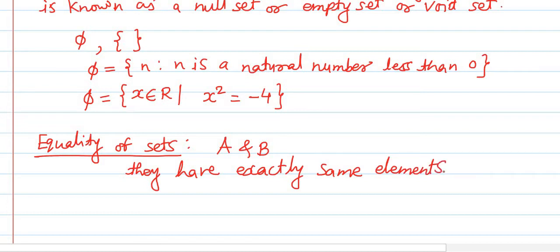If two sets A and B have exactly the same elements, then we say that the sets A and B are equal, and then we write this as A is equal to B.